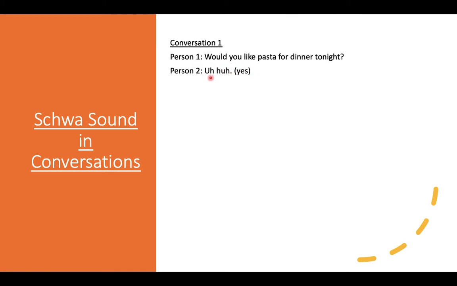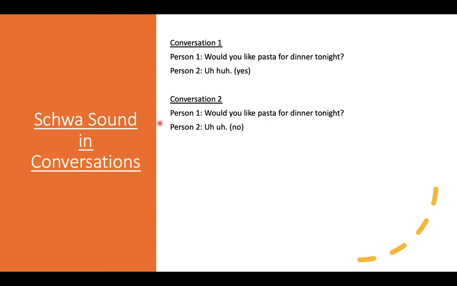They're using the schwa sound. I'll say it one more time so you can hear it. Would you like pasta for dinner tonight? Uh-huh. Sometimes we even use it for no. Here's another example. Would you like pasta for dinner tonight? Uh-uh. Again, it's the sound, but instead of saying no, we're just making the sound.